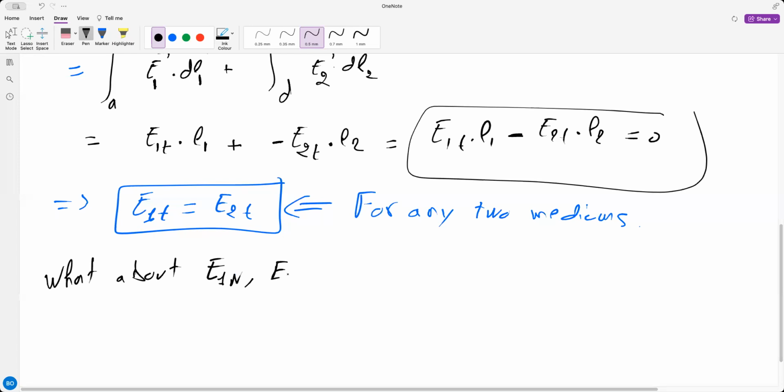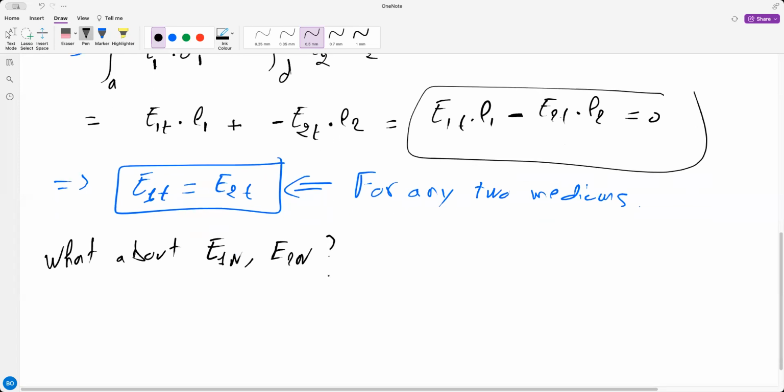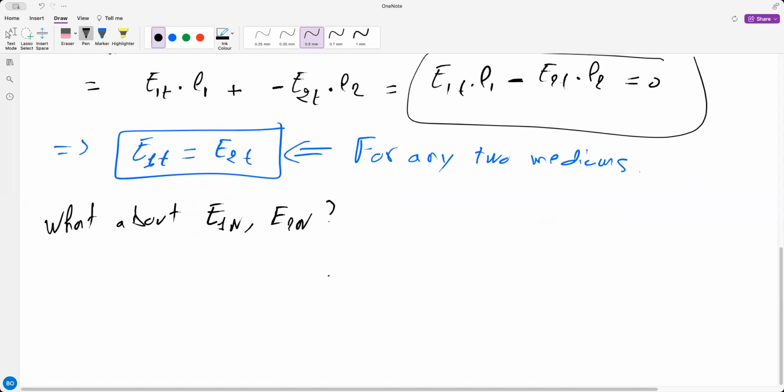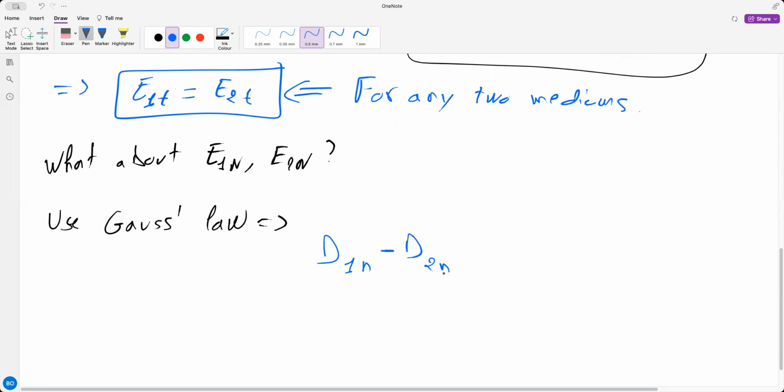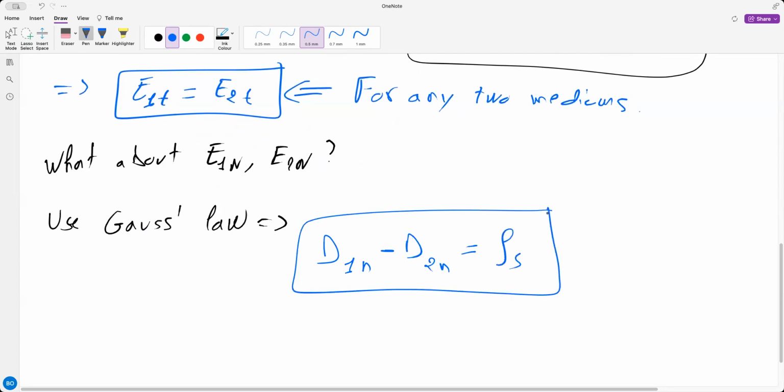What about the normal components, E1n and E2n? In this case, you can look in the textbook. We will use the Gauss law. If you use Gauss law, you will obtain the second boundary condition, which is that the normal component of the electric flux density of medium 1 minus the normal component of the electric flux density of medium 2 must be equal to the surface charge density.